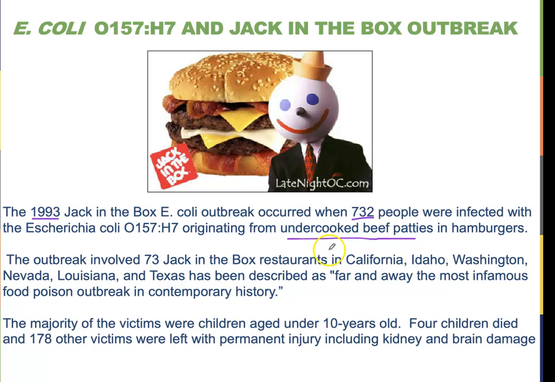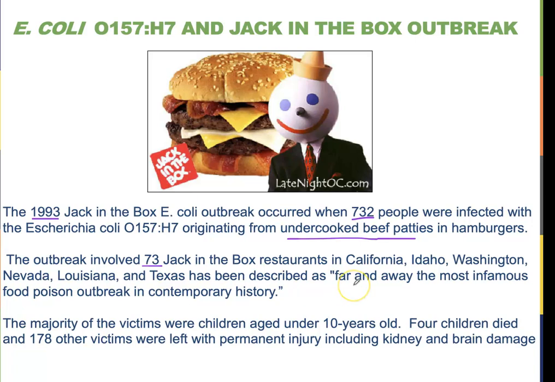Jack in the Box had a huge problem with that, obviously. 73 Jack in the Box restaurants across the United States, in California, Idaho, Washington, Nevada, Louisiana, were affected. Because when meat is sourced, Jack in the Box gets their meat from the same area, same plant, and so it can be disseminated to different states.